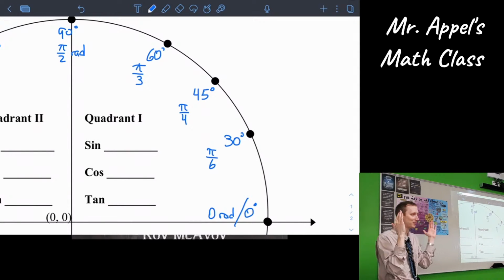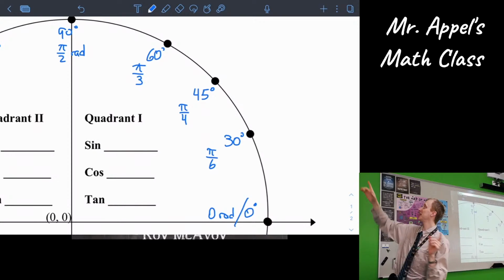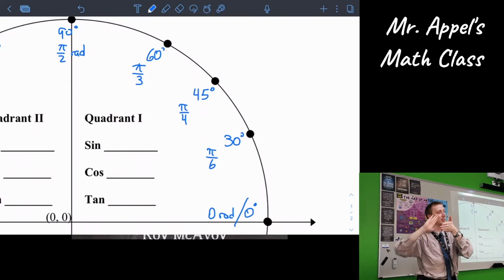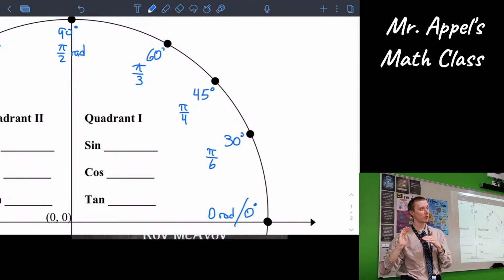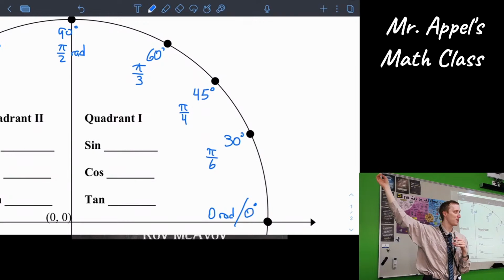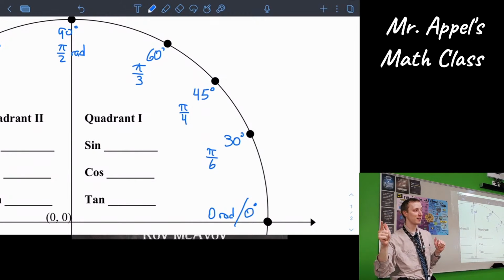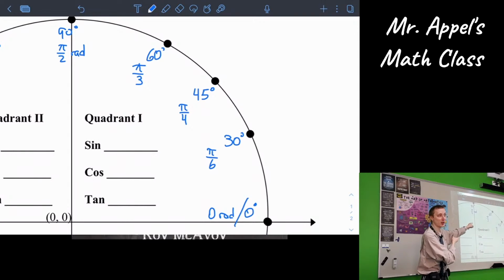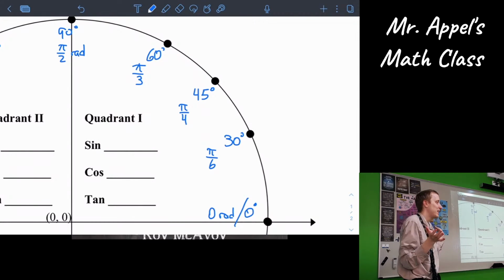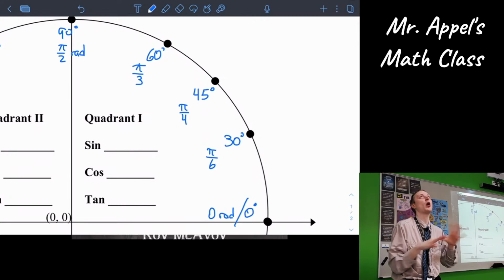Let's not totally forget geometry here. How about that corner right there? If I diagonal across the corner, that's a 45, 45, 90. Special triangles are everywhere. So we use those special triangle angles on our unit circle. It makes the trig super easy, because the same numbers show up all the time.